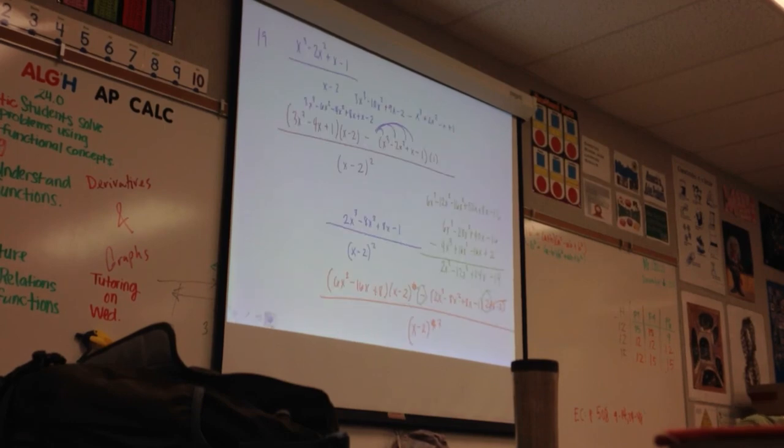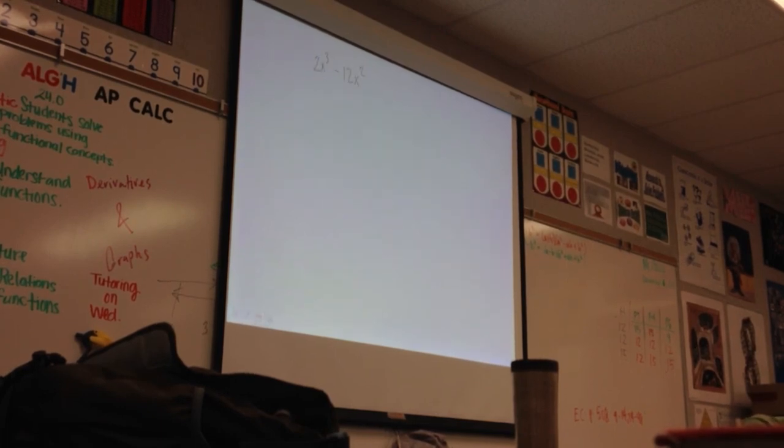So 2x cubed minus 12x squared plus 24x minus 14 over x minus 2 cubed. I can factor 2 out of the top, I know that much. X cubed minus 6x squared plus. Wait, can't you do some distance? Well, I can try.